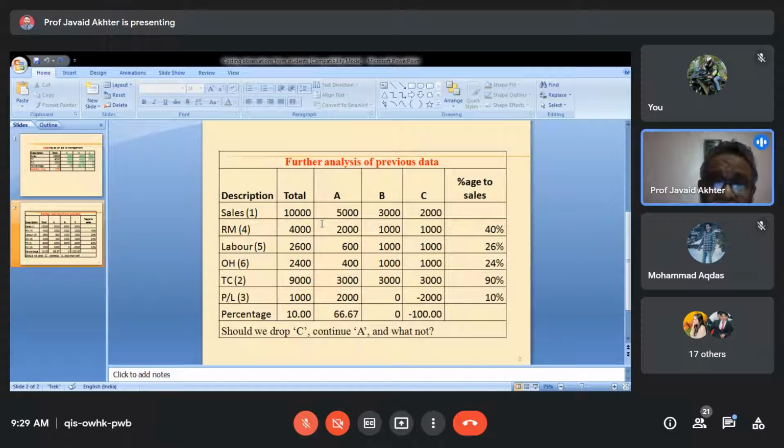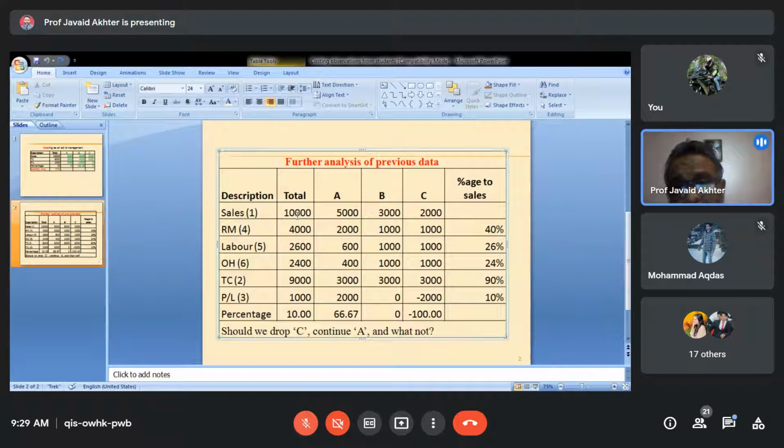If you go for further analysis, the same thing I have just split into 2. Let me check these calculations also. Total revenue is 10,000. Out of which raw material you are spending 4,000. 2,600 you are spending on labor. 2,400 you are spending on overheads.